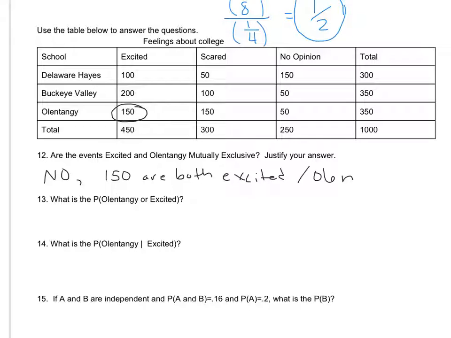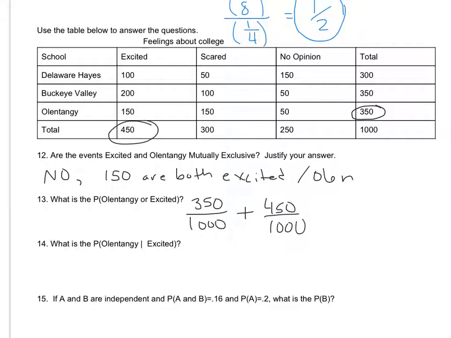Okay, so 13 says, what's the probability that the student is from Olentangy or excited about college? This is an or, so we know we're going to add, but since it's not mutually exclusive, we'll have to subtract the overlap. There are 350 students from Olentangy out of 1,000, and the excited people, there are 450 out of 1,000.